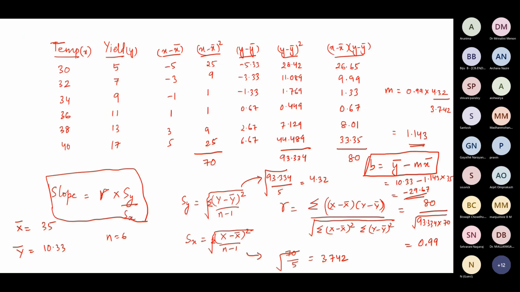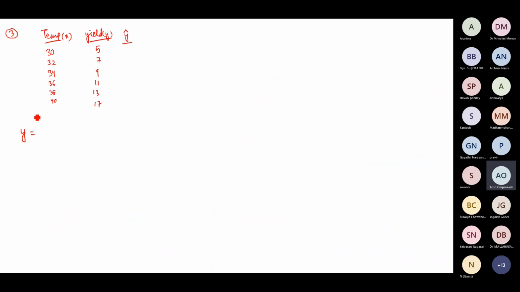We calculated the slope and the intercept. The equation is y is equal to 1.143x minus 29.67. So we will substitute the x value in all of these cases. In place of x, first we'll put 30. So it will be 1.143 into 30 minus 29.67, which will give us a value of 4.62 that we calculated earlier also. Then we'll do the same thing for 32. Then we'll get the value 6.906.